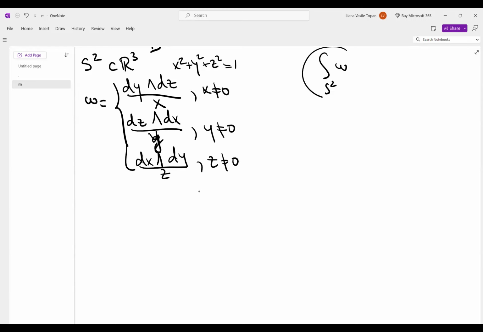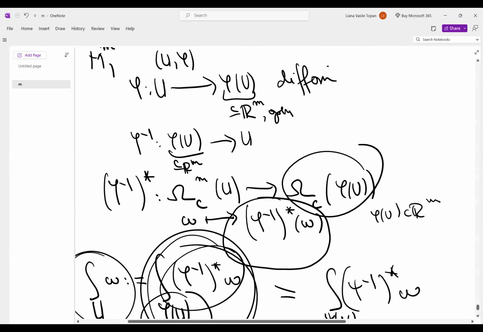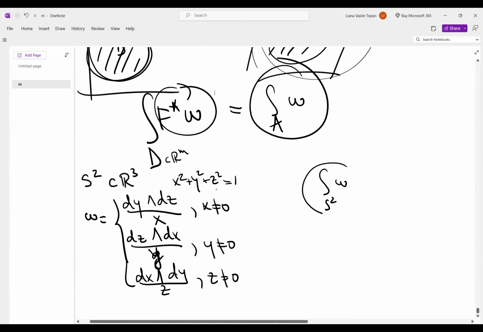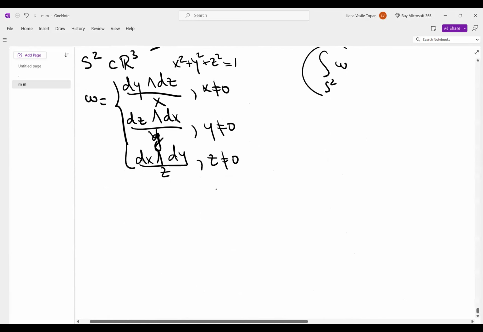So I'm going to evaluate this. Let's use our previous idea and the definition. Our set A is the two-dimensional sphere, so I need to parameterize the sphere. I think everybody knows how to parameterize the sphere.